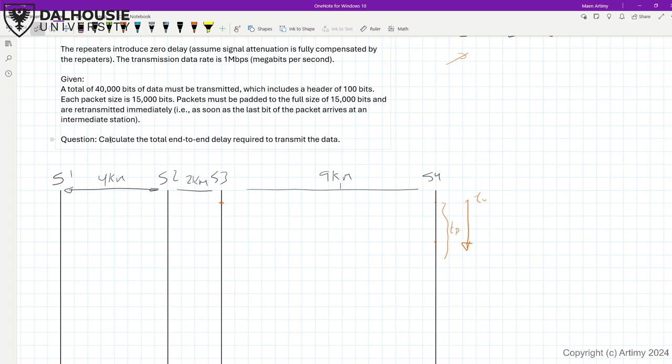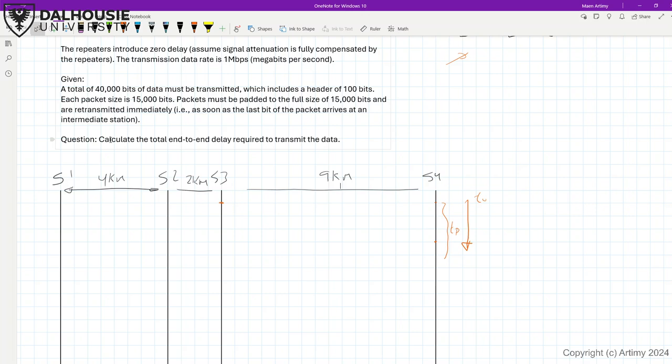But it seems like the hint in the second line says that each packet size is 15,000 bits. So this means that we need to split that data into packets and send them. And each packet is 15,000. Packets must be padded to a full size of 15,000 bits.